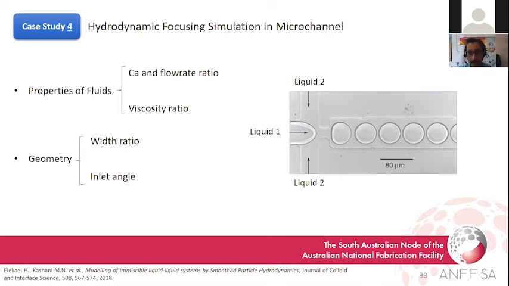It has several applications in microfluidics, such as microencapsulation, microreactors, and lab on a chip, which uses this phenomenon a lot. But the fluid's properties, such as flow rate ratio and viscosity ratio, or even the focusing geometry like width and inlet angle of the stream, have a direct effect on the shape and size of the focused stream.